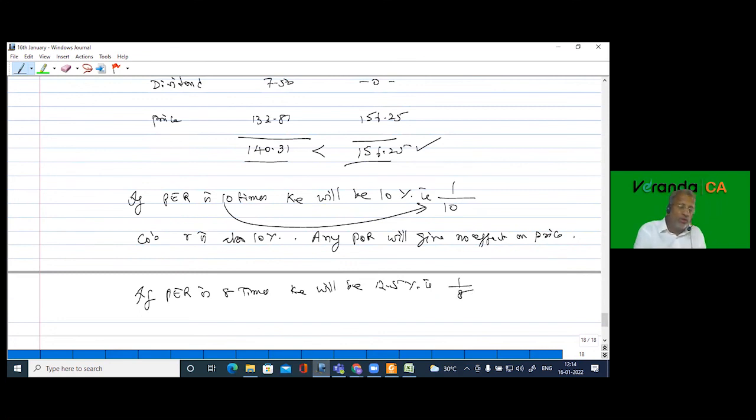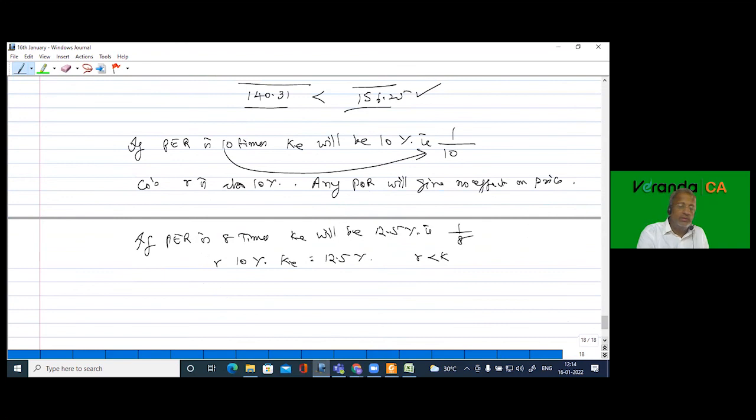So therefore, R will be 10% and KE will be 12.5%. So R is lesser than K. So for this, payout ratio should be the highest, that is 100%.